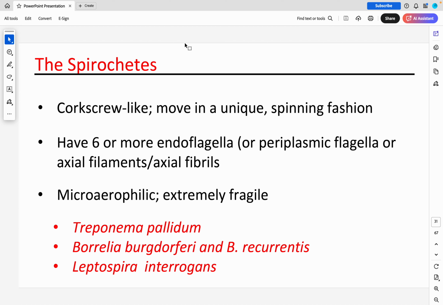They are microaerophilic, meaning they require a specific concentration of oxygen, about 2 to 10%. They cannot survive in atmospheric oxygen concentration.